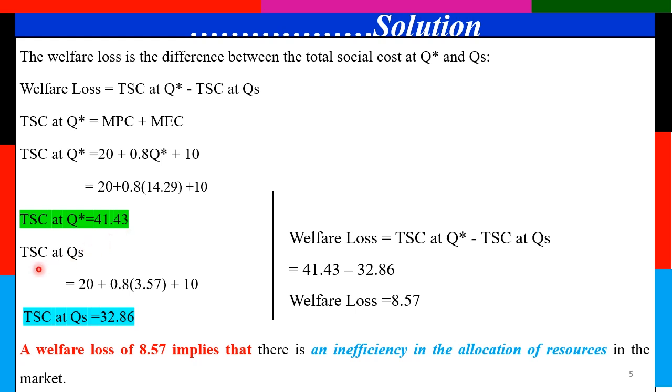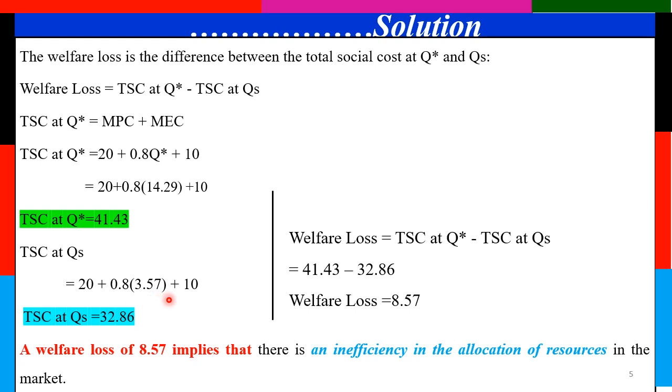The next is how you can get the total social cost at the socially optimum level of output. Again, we already calculated this one, 3.57. So, upon substitution, 20 plus 0.8, this equation, in place of Q, in place of Q1, we can substitute what?